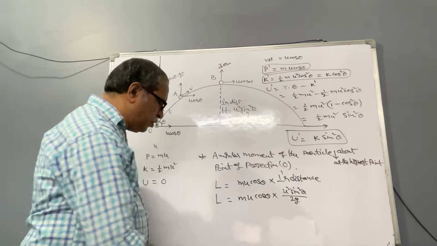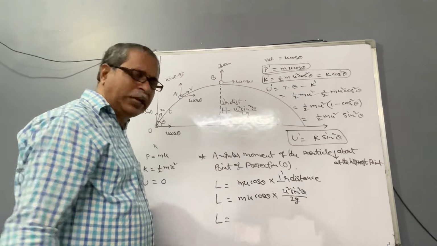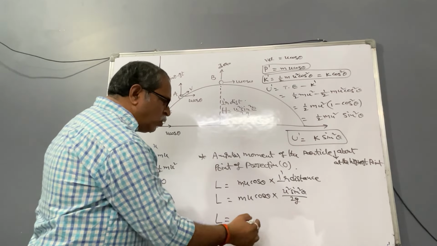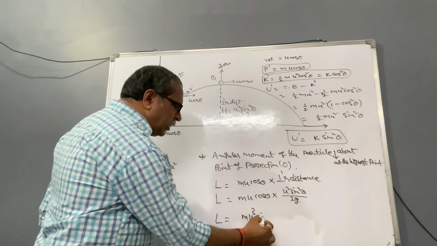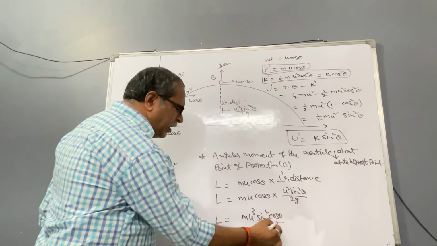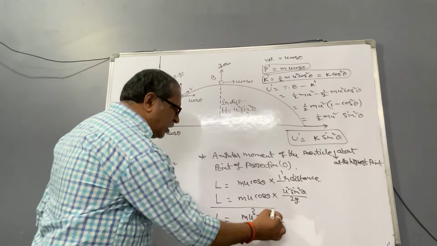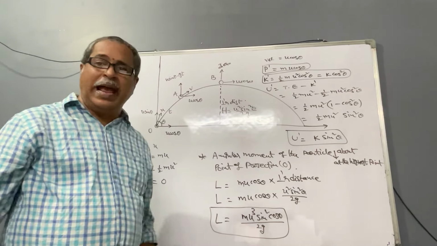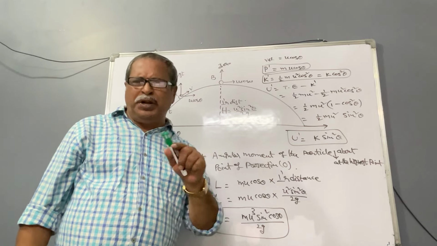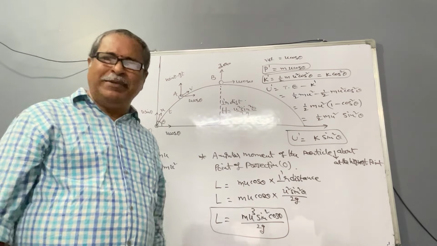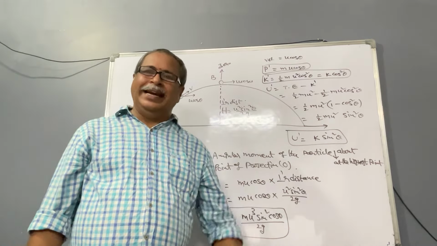Finally, L equals m u cube sin square theta cos theta divided by 2g. This is the formula, my dear students, for angular momentum. I think in the last year, 22, 23 or 24, they asked it in the Mains entrance examination. They also asked in the NEET entrance examination.